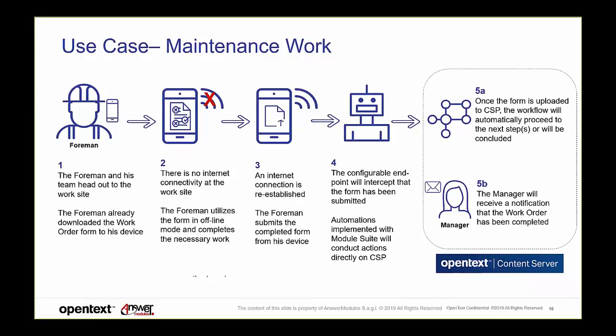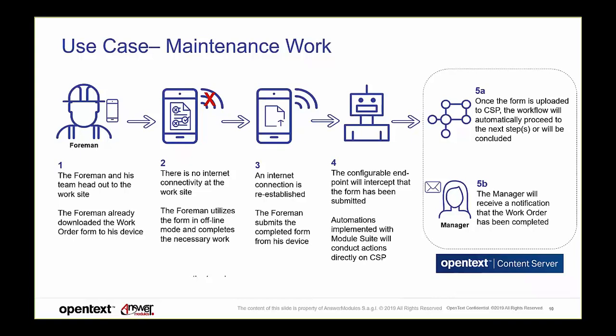So now let's say that the job at hand is done, everything's cleaned up, so they're going back to the office. On their way back, the foreman notices that he again has 4G connectivity on his device, so he reestablishes a connection and submits the completed form. And just like in the first use case, we have again an automation part that is happening when we are submitting the form.